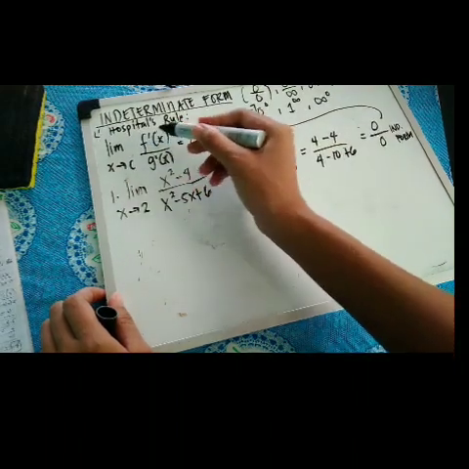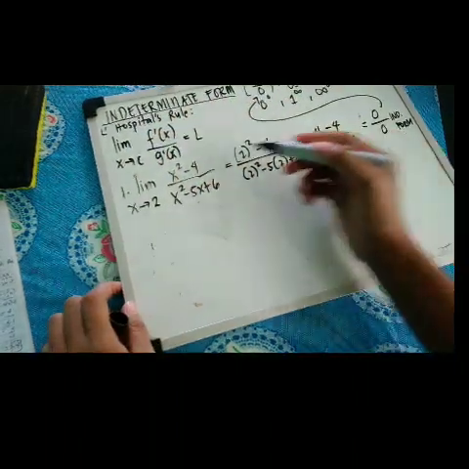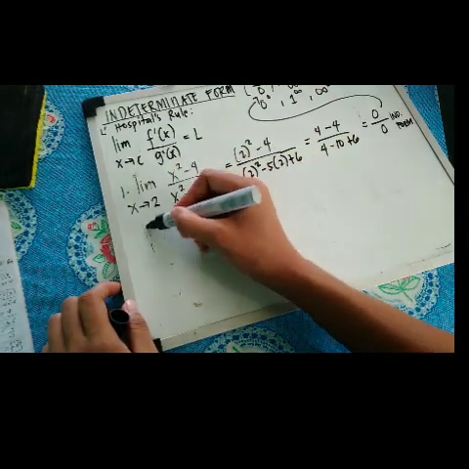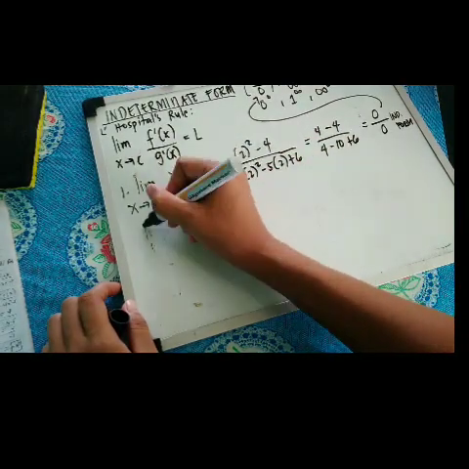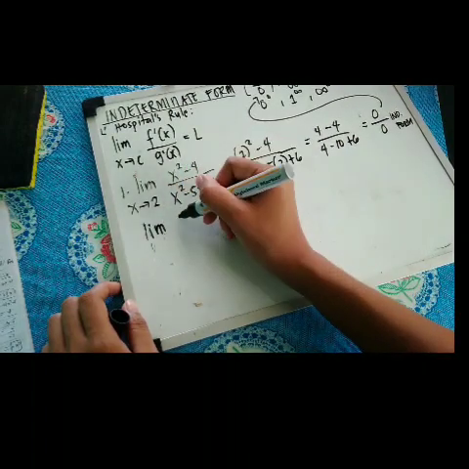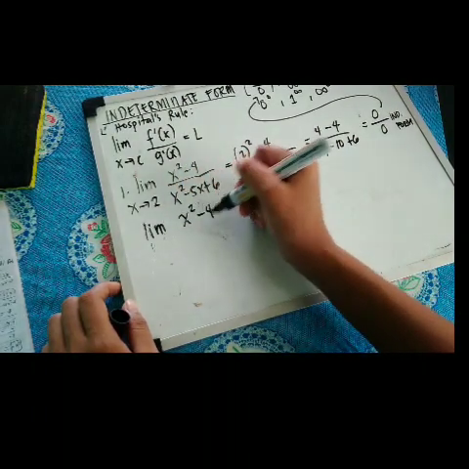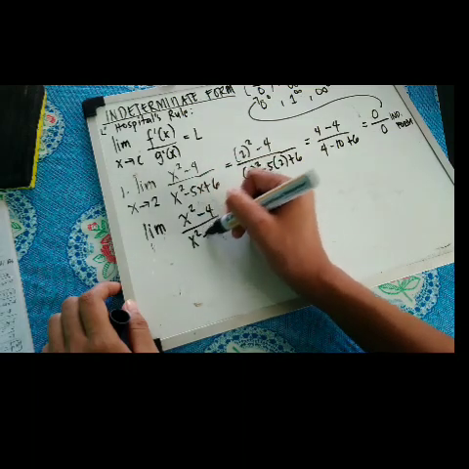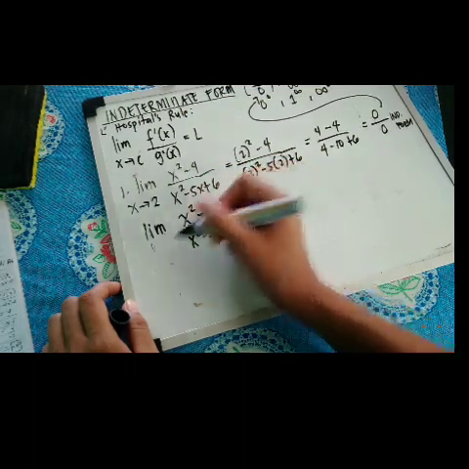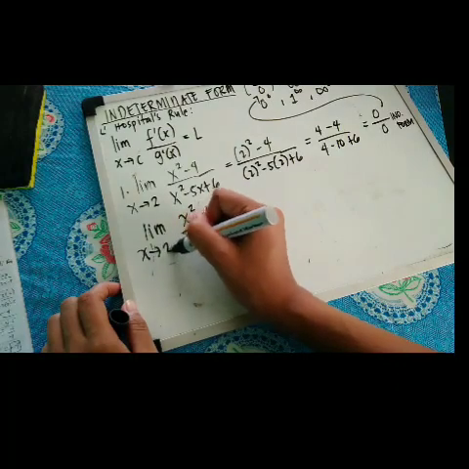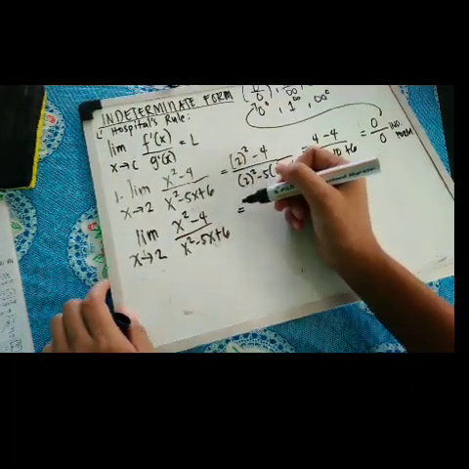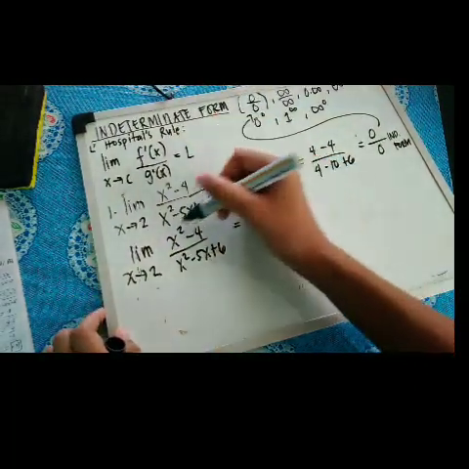Using this formula, we have the limit of x squared minus 4 over x squared minus 5x plus 6 as x approaches 2. According to the formula, we need to derive this.